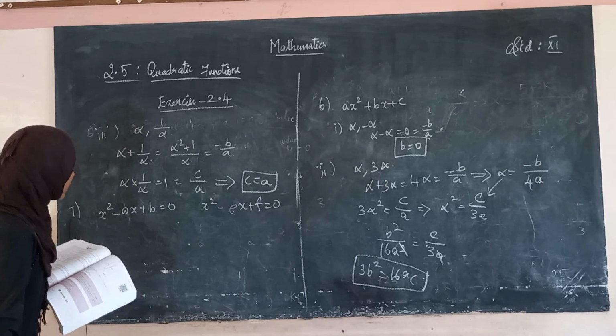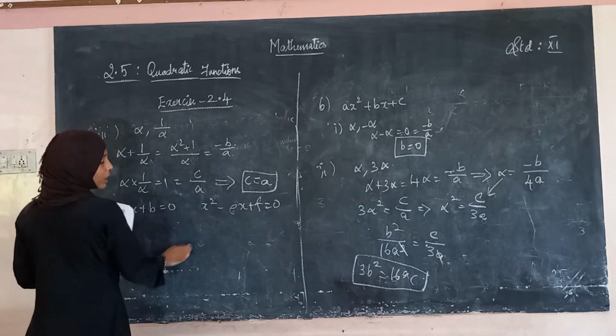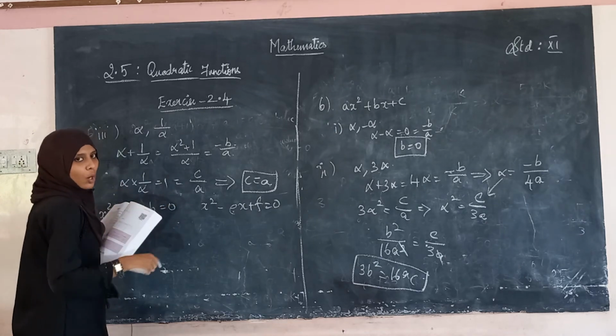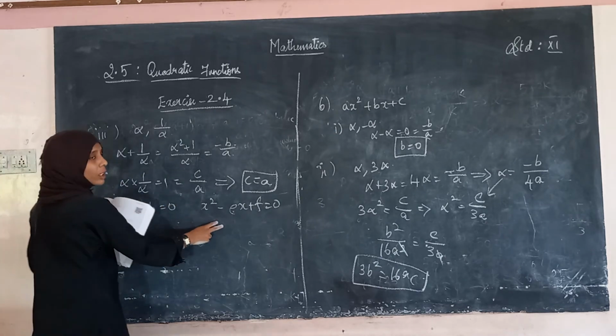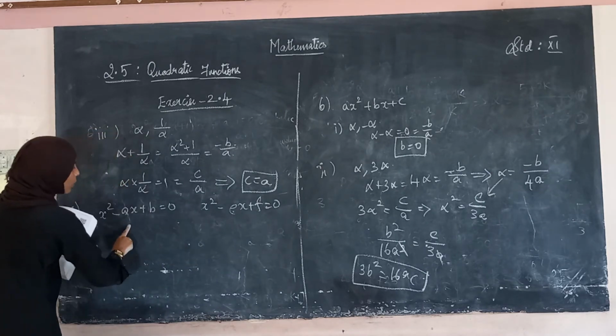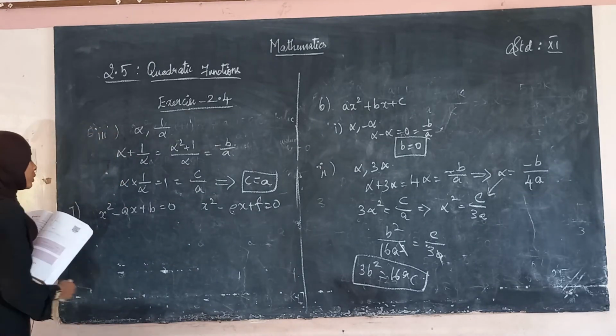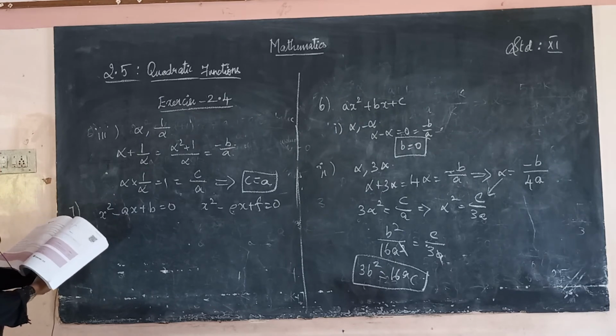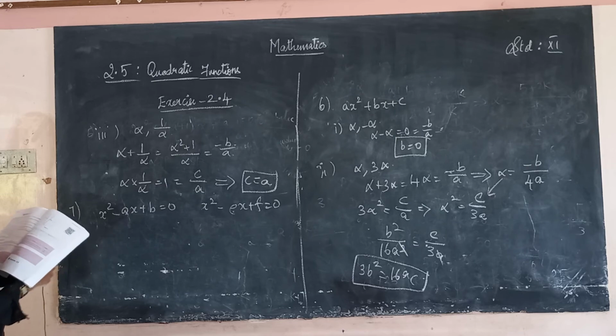First you have to find the roots. Both equations have one root in common, and the second has two equal roots. That means one of the roots in the first equation is the same as the equal root here. What we have to prove is ae is equal to 2 into b plus f.